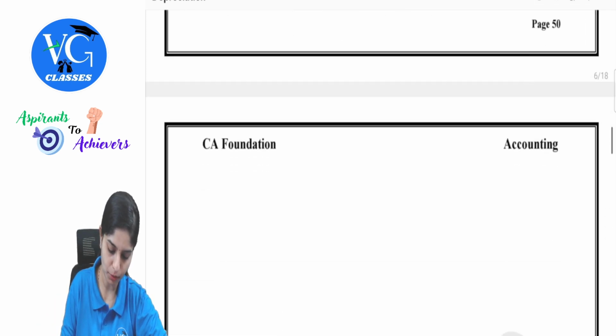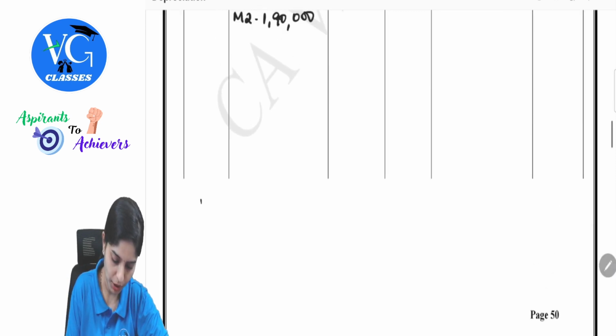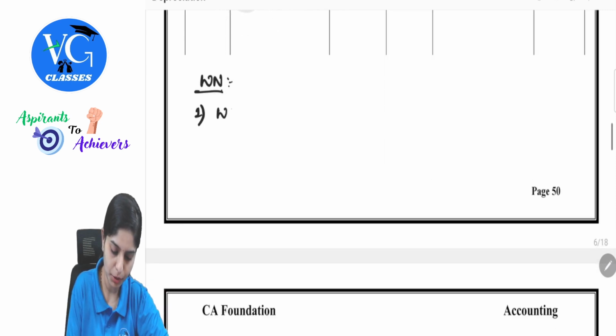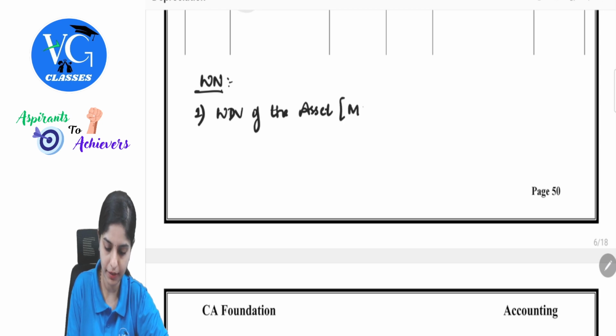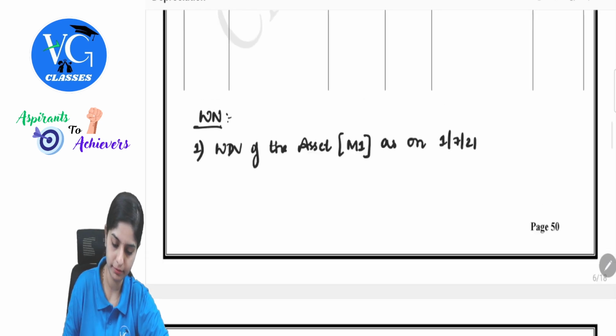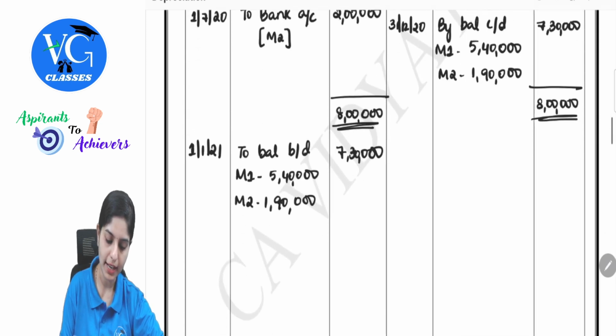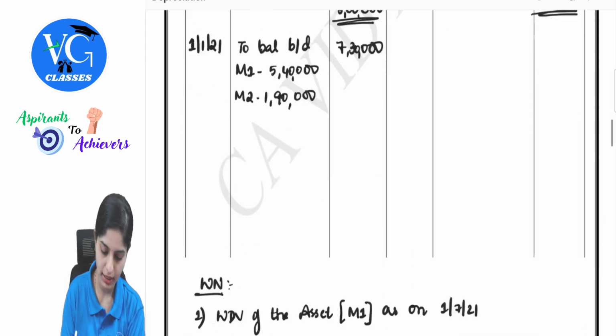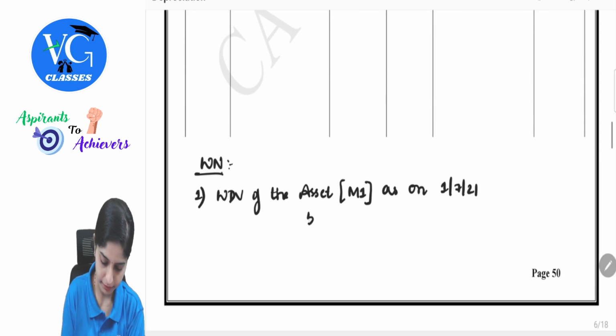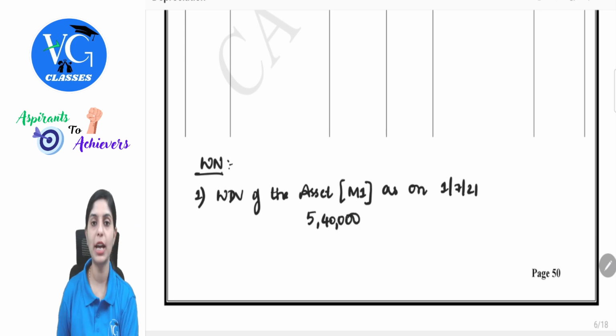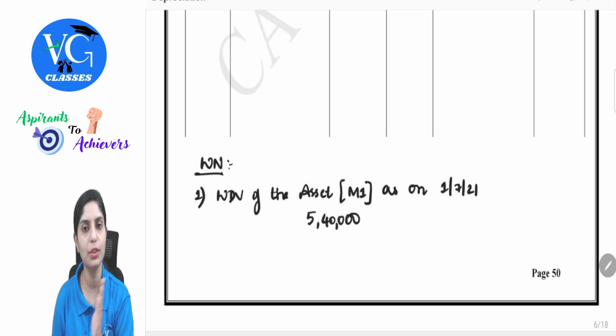So we will have to find out what is the profit or loss by preparing a working note. First, WDV of the asset. Which asset? Machinery 1 as on 1st July 21. That is the date where sale is happening, right? On 1st July 21. So we have the value of the asset on 1st Jan 21. That is 5 lakh 40,000. From Jan to July. That is up to 30th June. Jan, Feb, March, April, May, June.